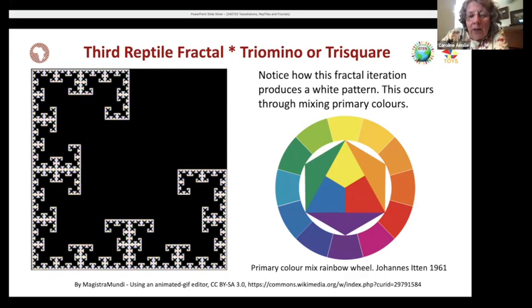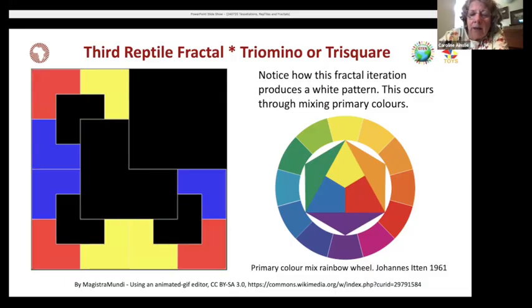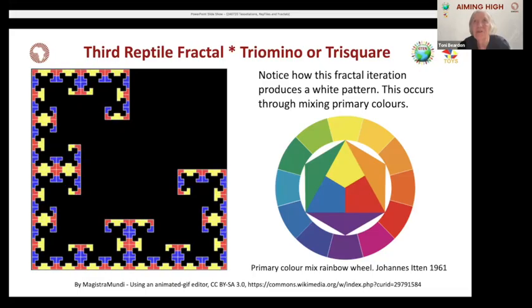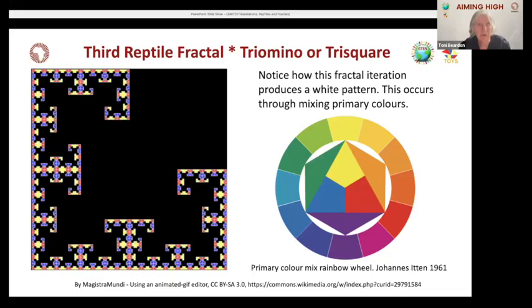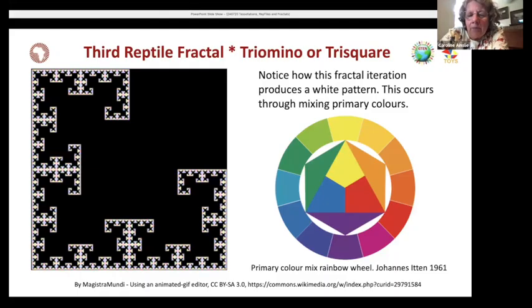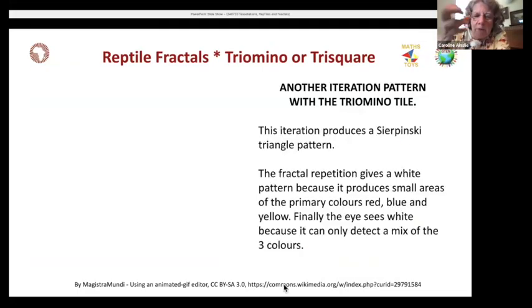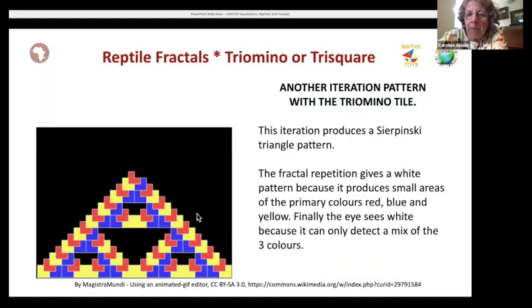And hey presto, there you have it, as it gets into greater and greater detail. So all those colors are actually in the pattern, but our eyes can't see them when the spots get very small, and we just read it as white. Yeah, because they're combining those three colors together, and our brains read them as white.